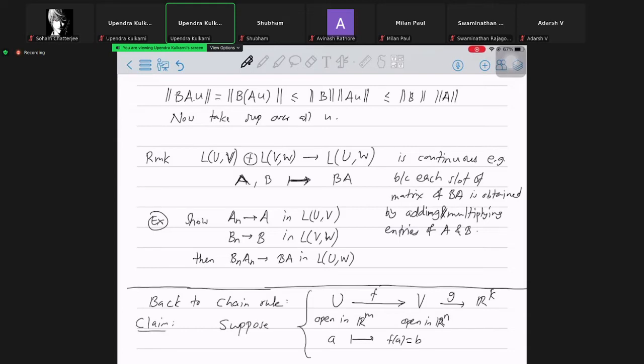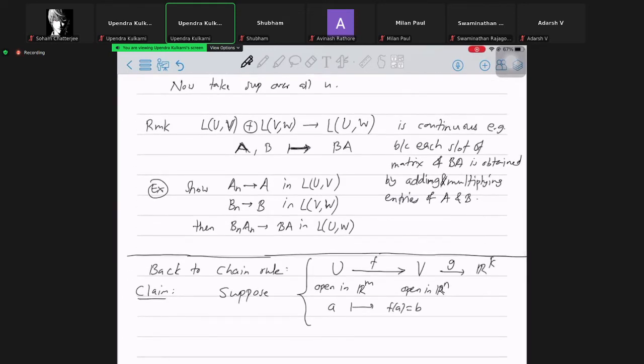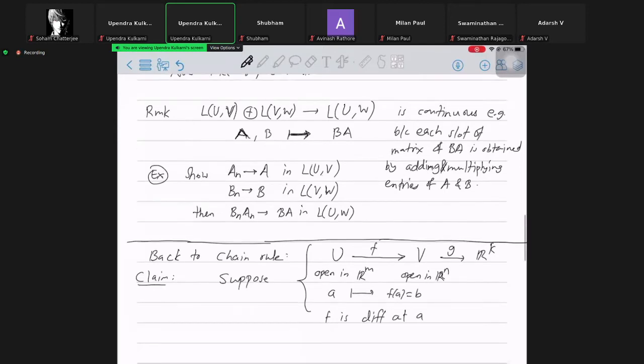So the statement is the following. Suppose I am given such a thing. And further, suppose F is differentiable at A and G is differentiable at B, which is at F of A. So all of this is given to us.